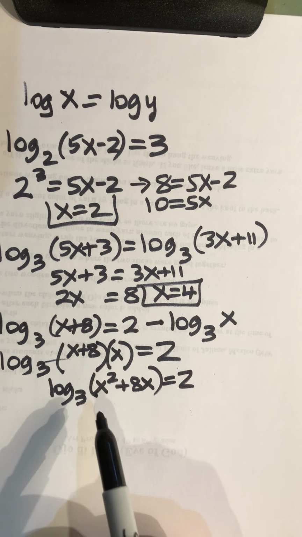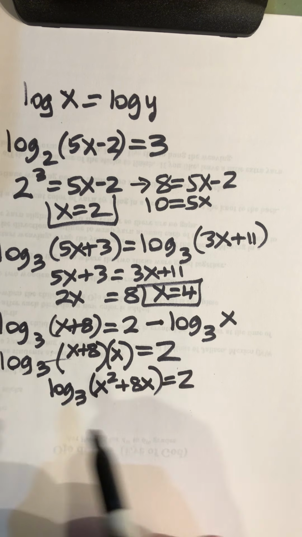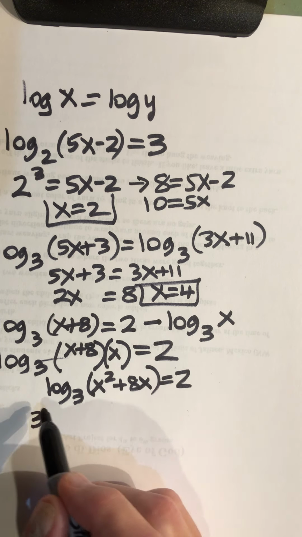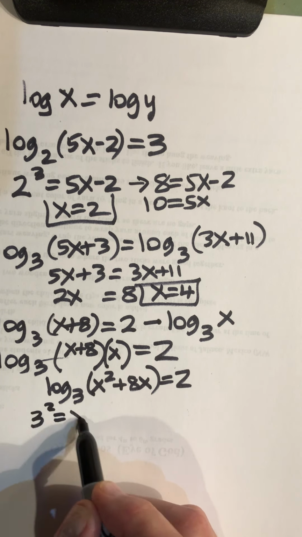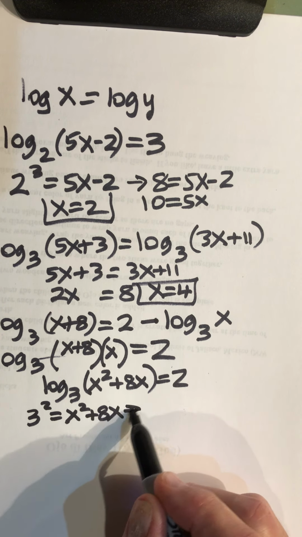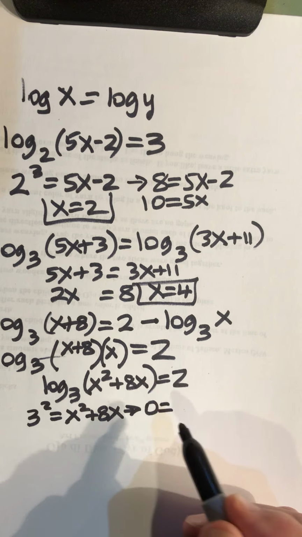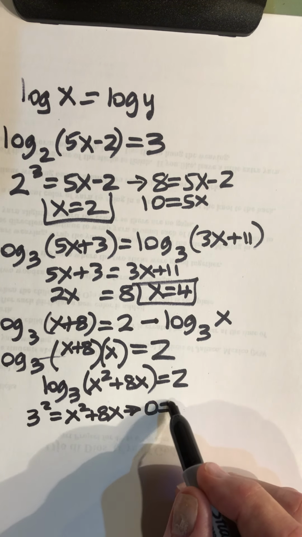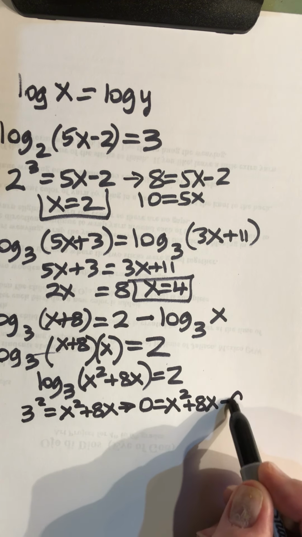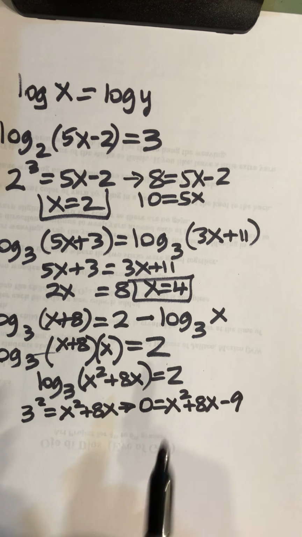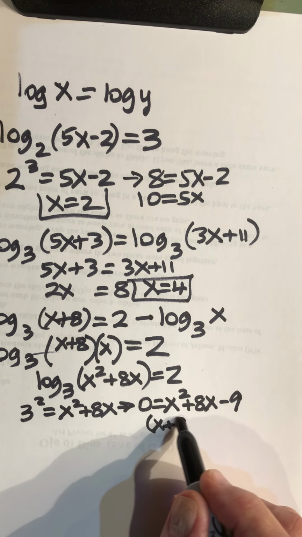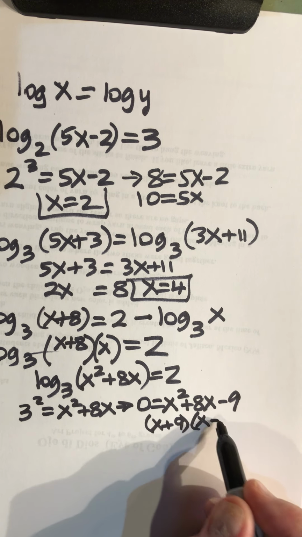Okay, well, let's convert to exponential form. That would be the base 3 raised to the log exponent 2 equals the argument x squared plus 8x. All right, this turns out to be a quadratic equation. 3 squared is 9. I'm going to take that to the other side. Wow, okay, I can factor that. That's going to be x plus 9, x minus 1, isn't it?